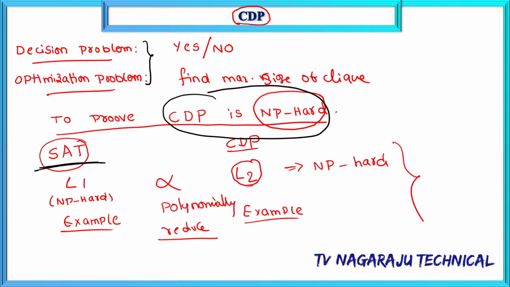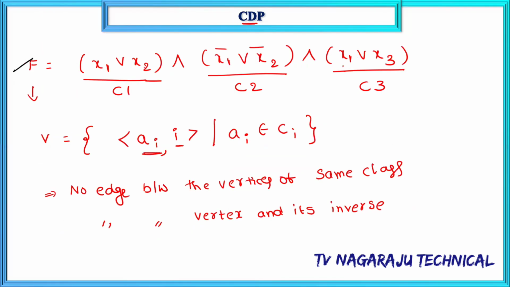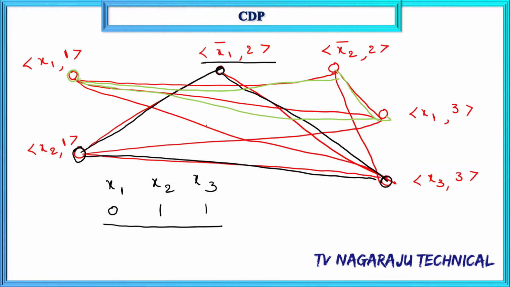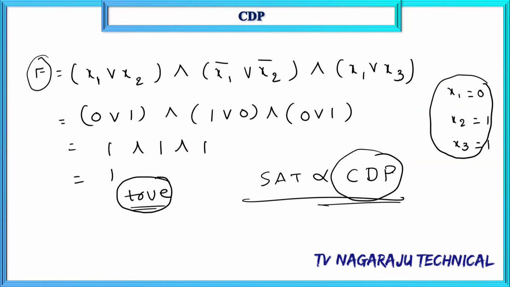An example of a satisfiability problem that is converted into a graph by using these notations. Take any subgraph and for those values, if it returns true, in the sense the satisfiability is successfully converted into the clique decision problem, then CDP is NP hard.